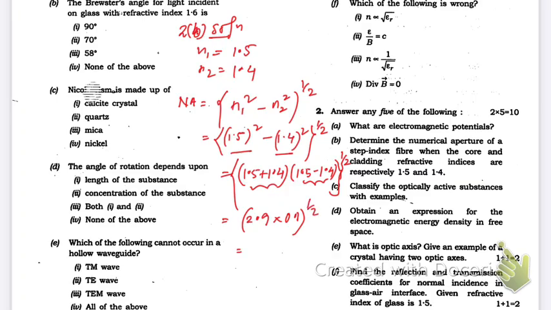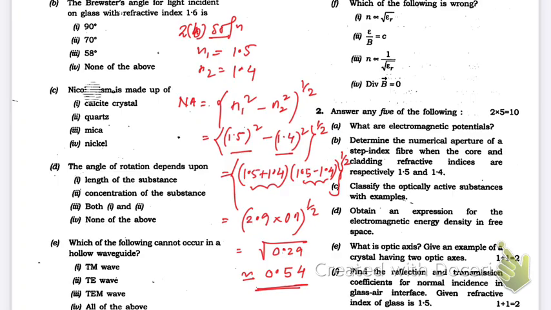If you multiply these two, you're going to get 0.29 under the root, and this is approximately equal to 0.54. If you find the square root of 0.29, you get approximately 0.54. So take a screenshot, or you can pause the video and write it.